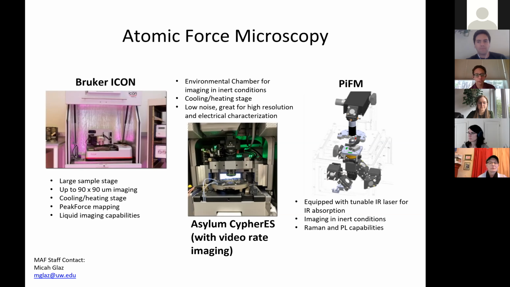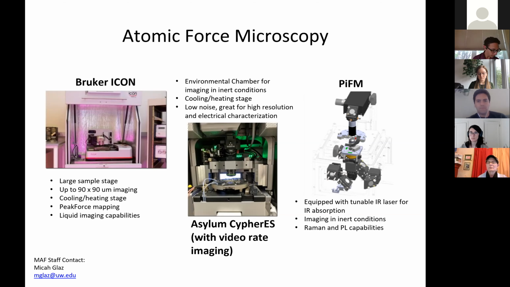The Cypher, which is my favorite AFM, requires your samples to be quite small, but has very high resolution and very low noise. It's great for electrical characterization. So you can look at current, and you can look at Kelvin probe, which gives you the work function of your sample.